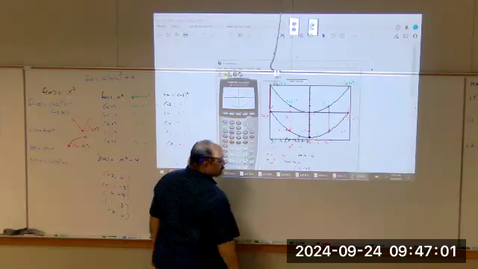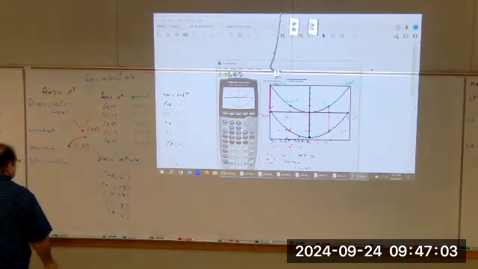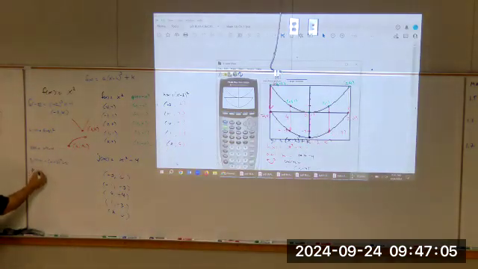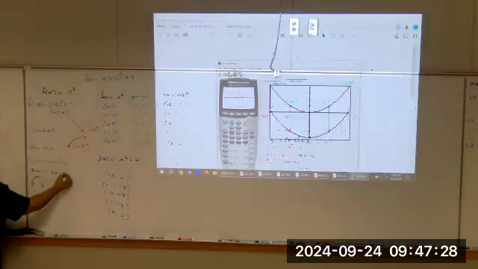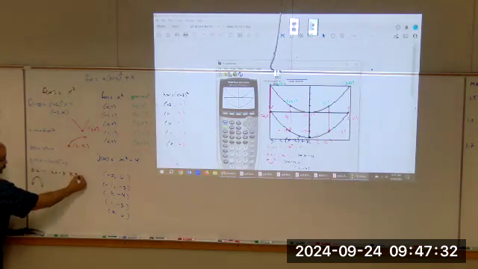It was right there. So what's this A right here? -1. So it's going to be drawn upside down. What's the H inside? There's a parenthesis. What's the H in there? Opposite sign. I see +3, so H is -3. What's the K after the square? 2.